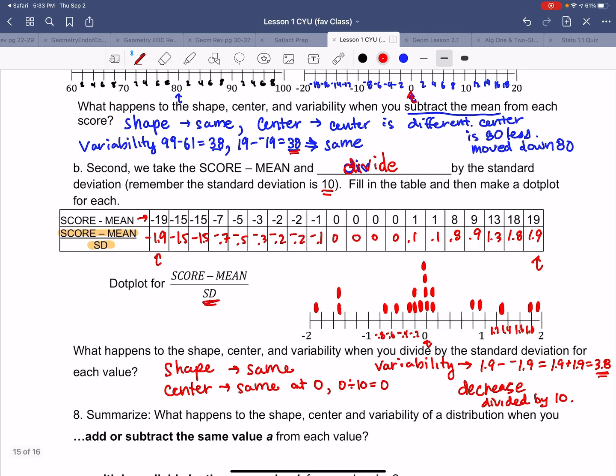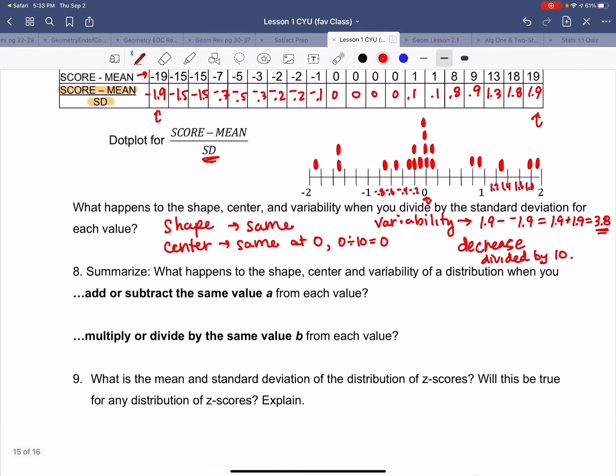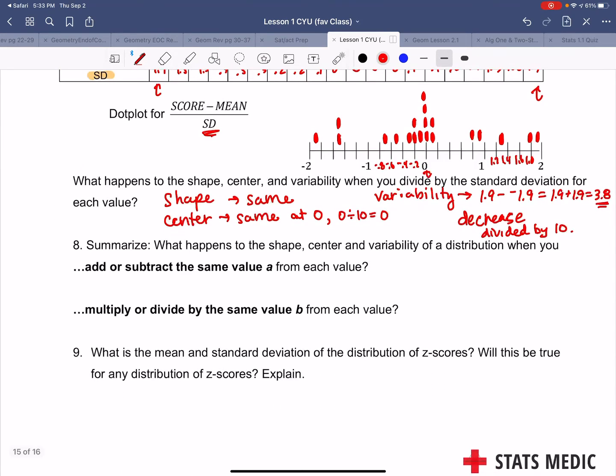Our standard deviation. So to summarize, when we add or subtract the same value, 80, we subtracted 80 to every single value, we notice that in summary, our shape stayed the same. Our center, if we added or we subtracted 80, it went down 80.